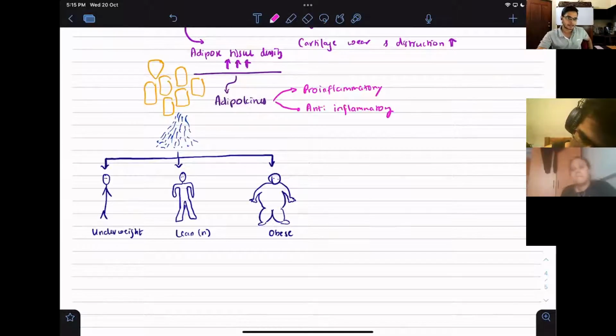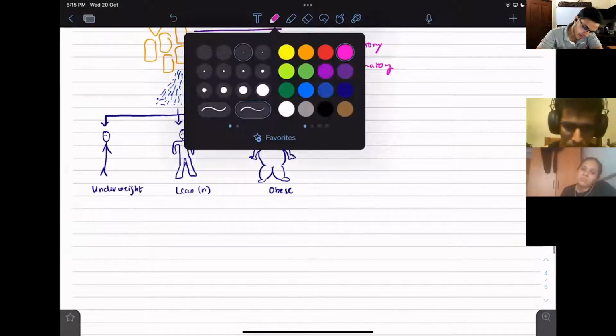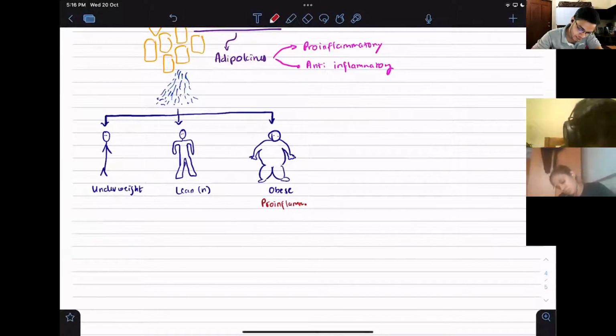What happens, guys, when adipose tissue density is very high? When adipose tissue density is very high, pro-inflammatory adipokine release is going to be high.